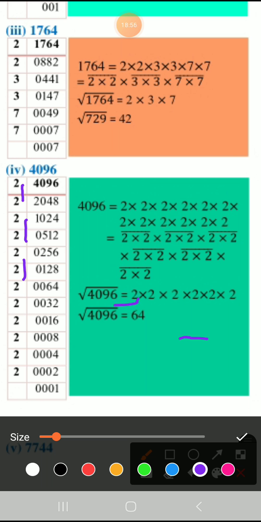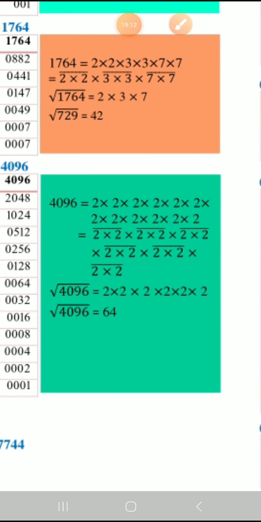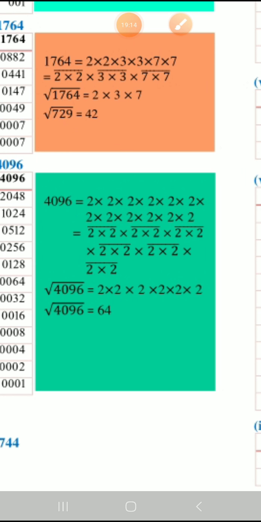How many pairs are there? 1 2 3 4 5 6 7 8 9 10 11 12. 12 means there are total 12 twos. So we have taken 6 pairs out of that, right? Because if we make pairs out of that, we can extract 6 twos.